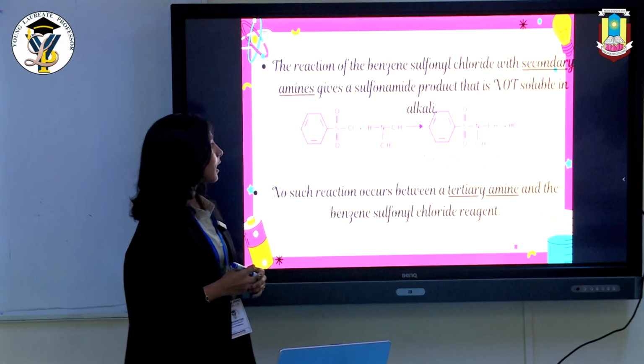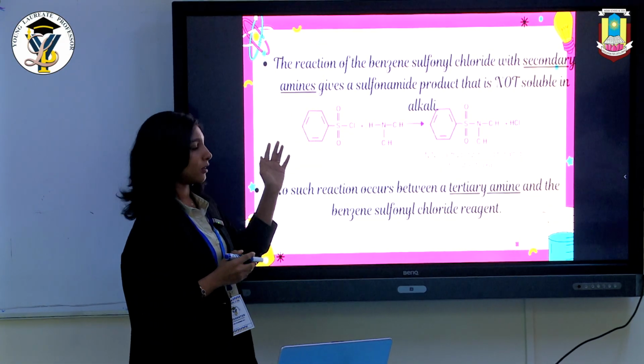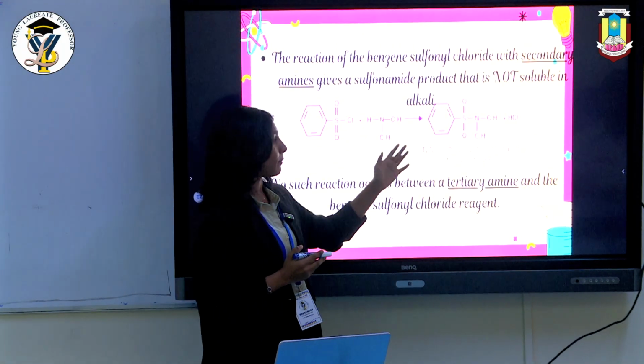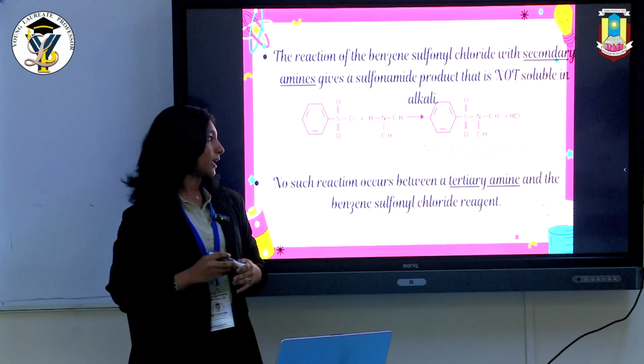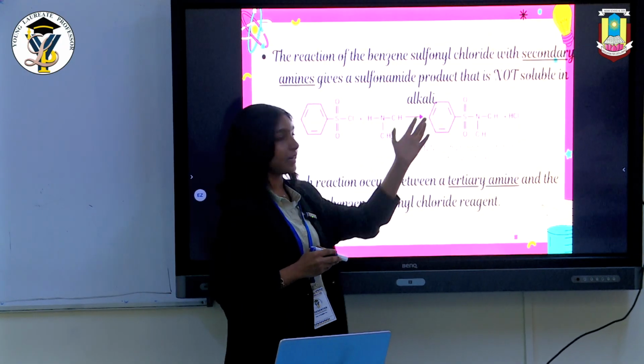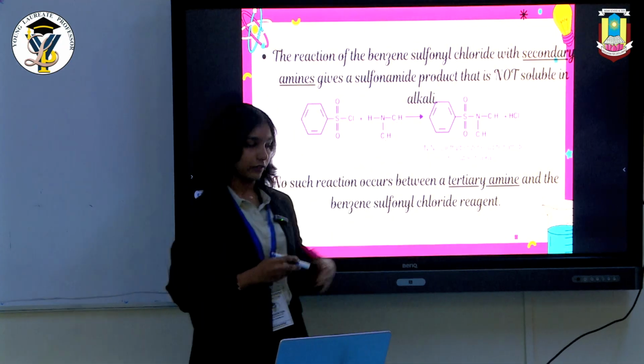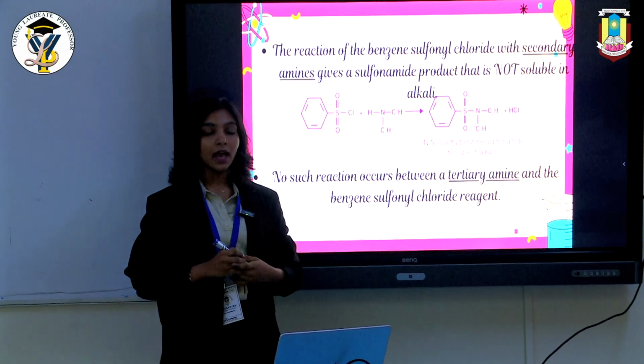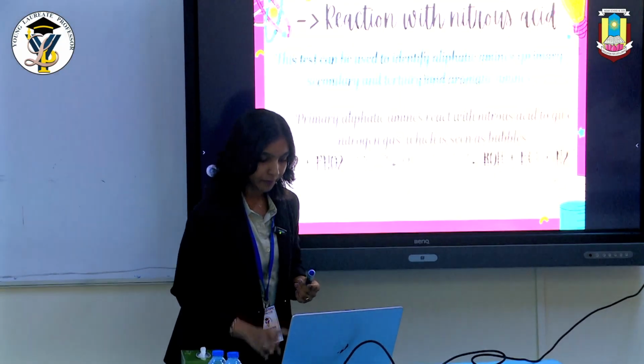Whereas when a secondary amine reacts with Hinsberg reagent, it also results in the formation of a sulfonamide product, which is not soluble in alkali because it does not have a highly acidic hydrogen atom attached to the nitrogen. And no such reaction occurs between a tertiary amine and the benzene sulfonyl chloride.